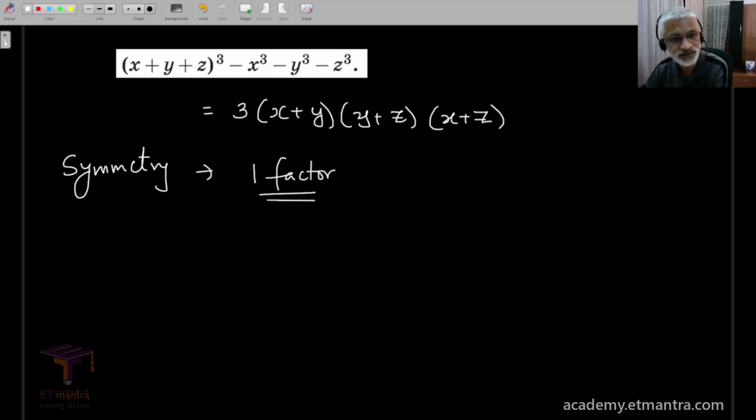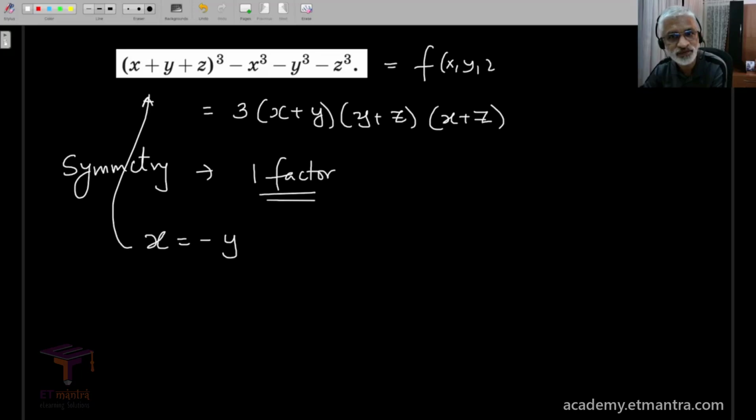And the one factor that we will guess is that x equal to minus y substituted into this expression for the function will actually result in the function being equal to 0, and we will verify that by directly substituting x equal to minus y into the expression.